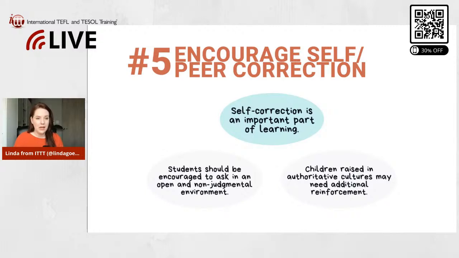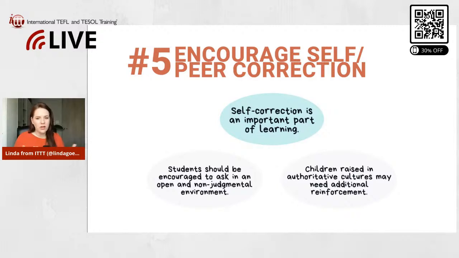If someone makes a mistake, don't automatically correct them, but make them self-correct. If they made a grammar mistake, you can repeat what they said in a questioning tone to get them to realize, that's wrong, so maybe this is the correct answer. So they can correct themselves.